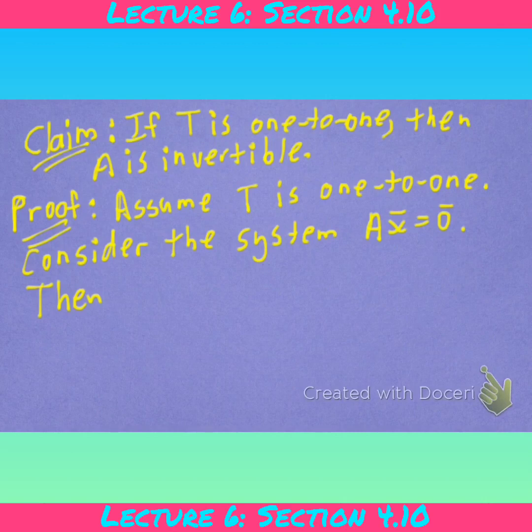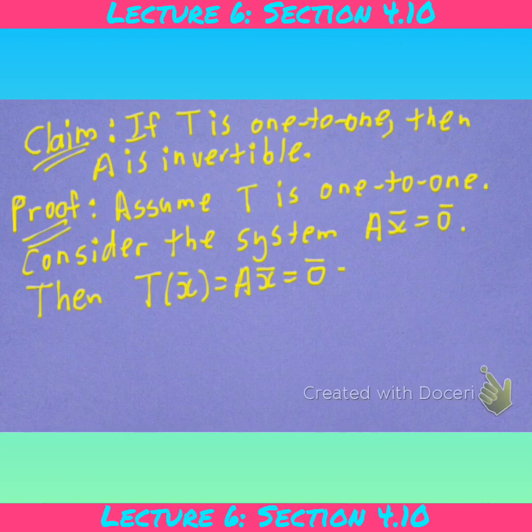Now we know that T at the point x bar is definitely A x bar, which we set as the 0 vector.